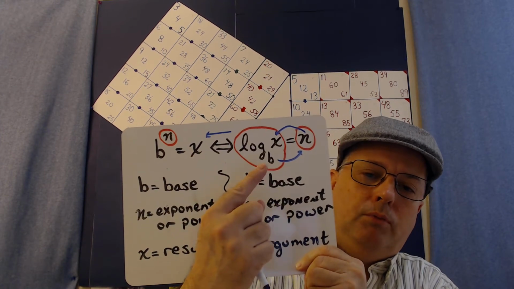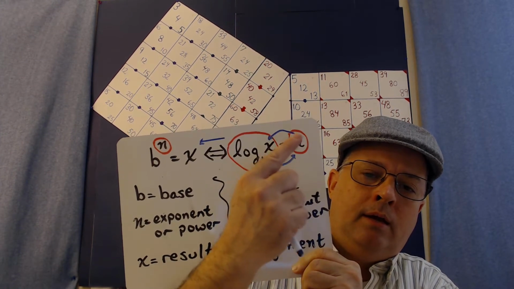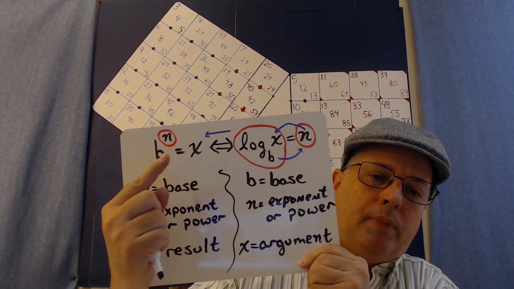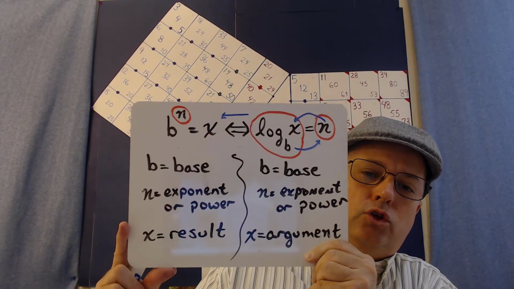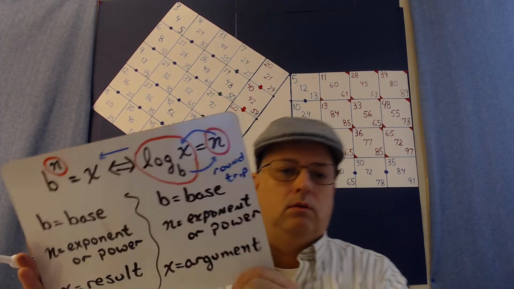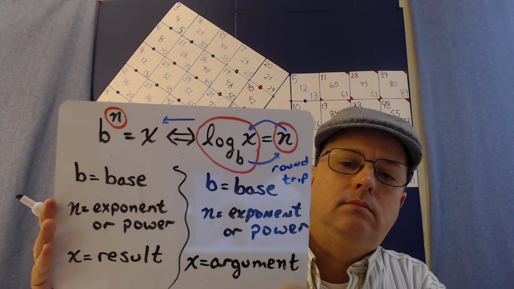When you make that round trip, b to the n equals x, then you're back here.